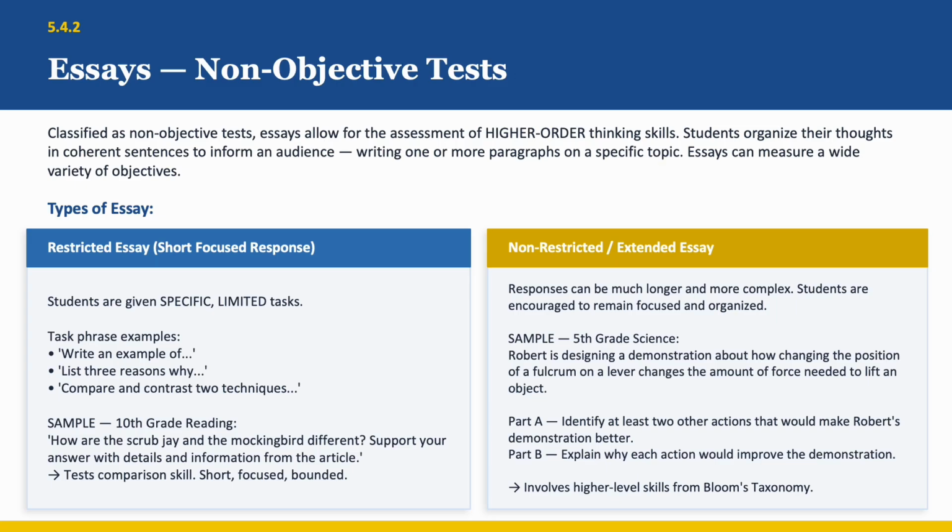Notice the two parts: Part A identifies actions, Part B explains the reasoning. That involves higher levels of Bloom's taxonomy, like analysis and evaluation. Essays are powerful tools. They must be constructed and scored carefully, which brings us to the guidelines.